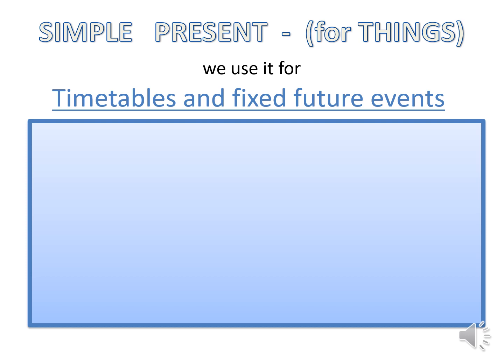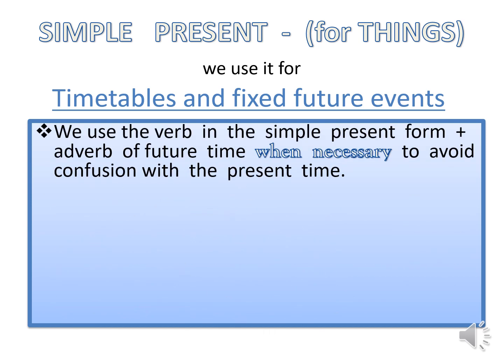Those are timetables or fixed future events, even the one that you have at school. We use the verb in the simple present form plus an adverb of future time when necessary to avoid confusion with the present time.